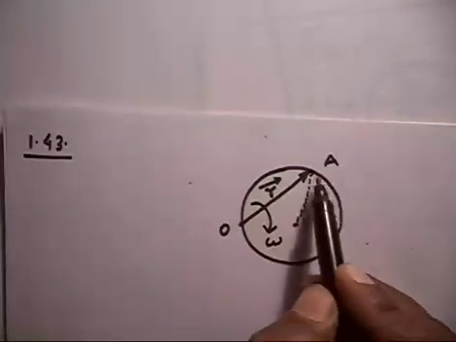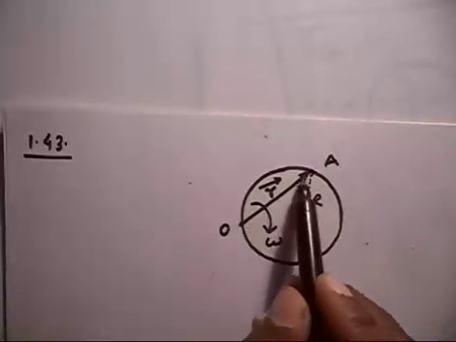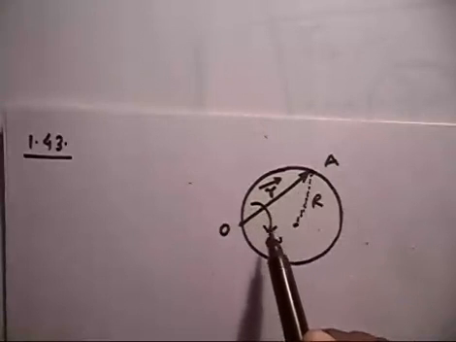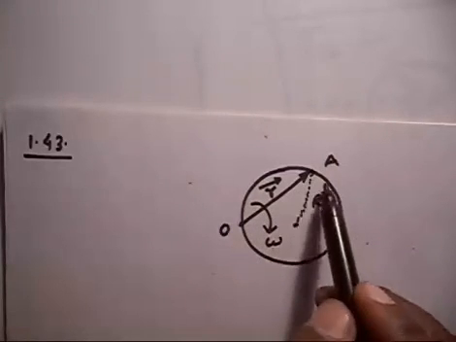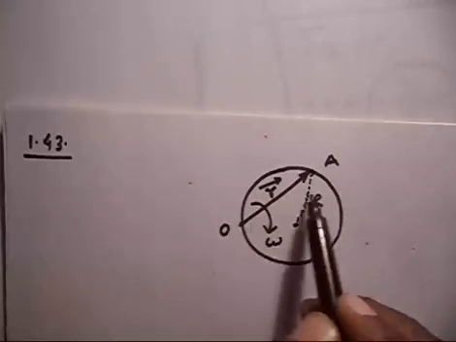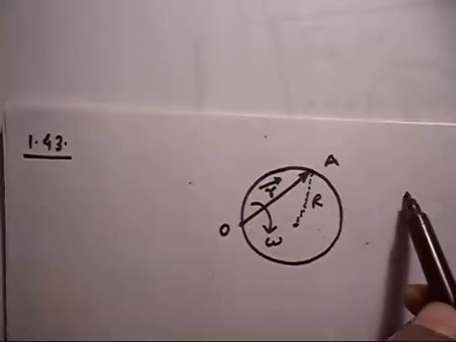The particle is moving in this way, as the arrow in the figure shows. This means the point is here, sometime here, sometime here, so the radius vector is also moving.